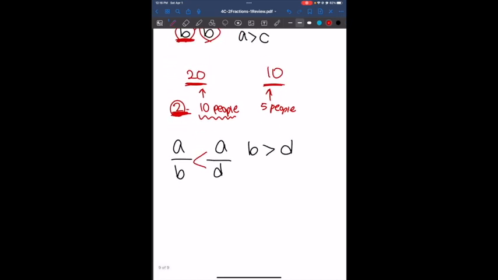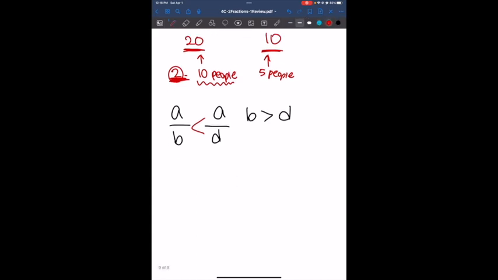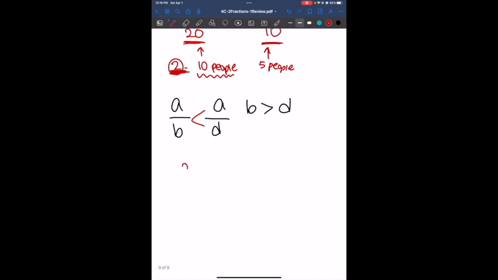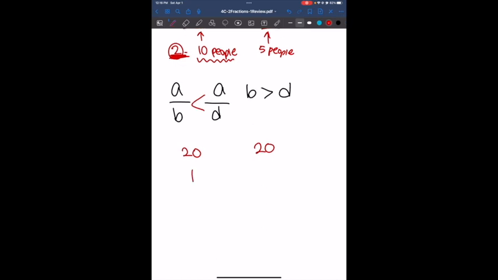And again, let's think of it using the candy example. Since the numerator, the number we're dividing, is the same, let's say we both have 20 candies. But then I want to give it to 5 people, and I want to give it to 2 people.